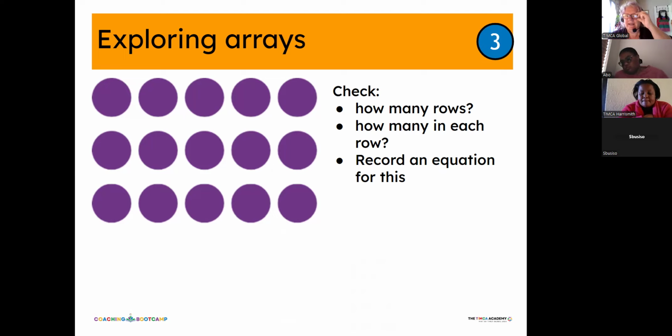Normally we jump from groups to arrays and expect children to understand what it's all about in between. But we know we have to make these things obvious, we have to make these things explicit. Otherwise, they won't see the connections. So that's the third activity.